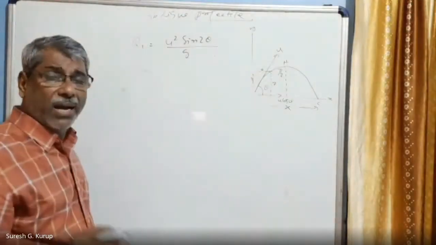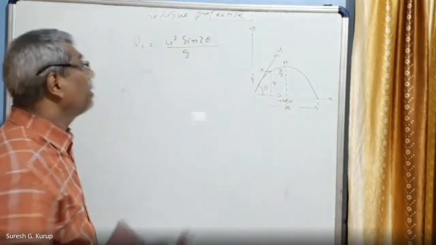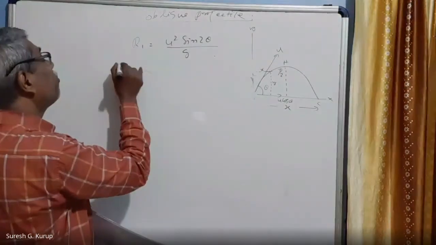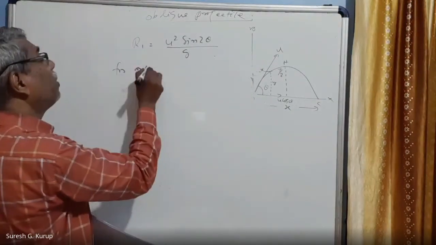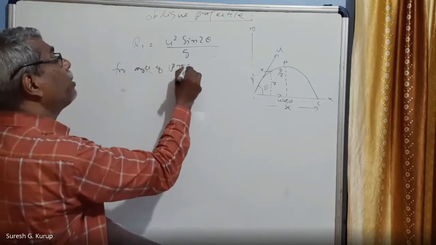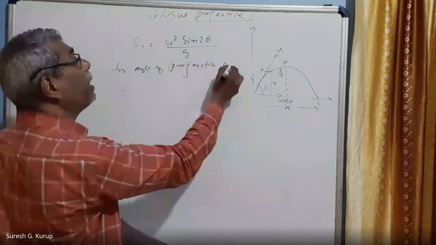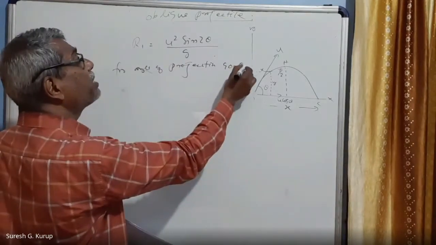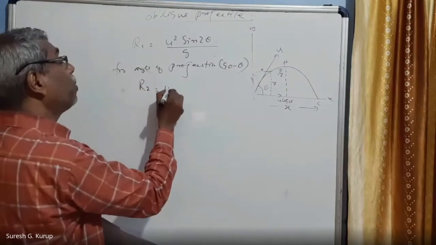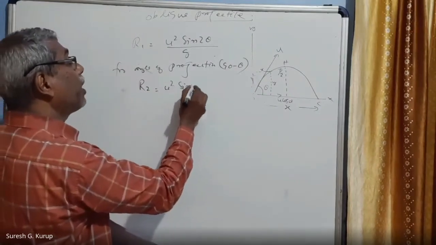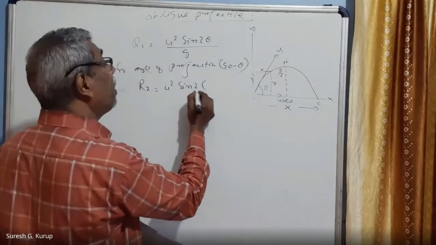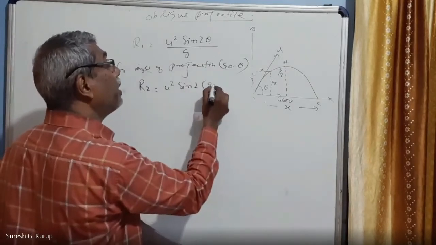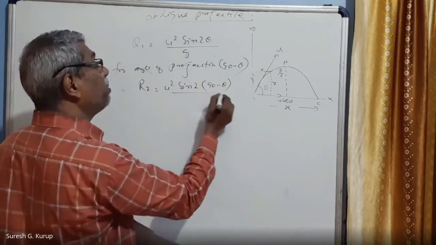If now the angle taken is 90 minus theta for the angle of projection, the horizontal range R2 is equal to u square into sine 2 into 90 minus theta, divided by g.